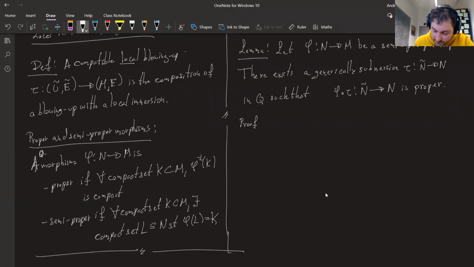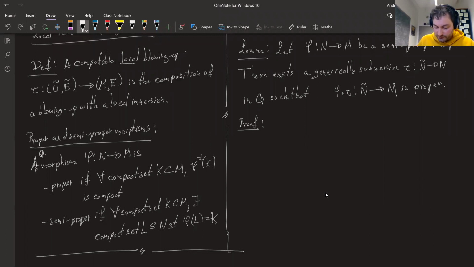So this is the last point that I want to talk about today. It's just to say that the difference between semi-proper and being proper is that you can always compose with a little bit more, which is going to be generically a submersion, as we're going to see. So locally, it's even going to be an isomorphism, and in such a way that the map is going to become proper.